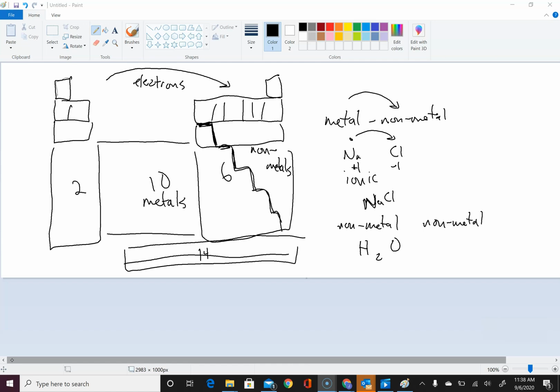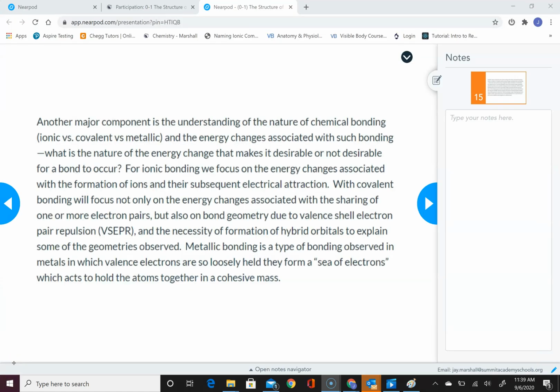So for right now, what I want you to do then is go back to the presentation here, and we'll read through this again. So another major component is the understanding of the nature of chemical bonding and the energy changes associated with bonding. What is the nature of the energy change that makes it desirable or not desirable for a bond to occur? And we'll talk a lot about that.